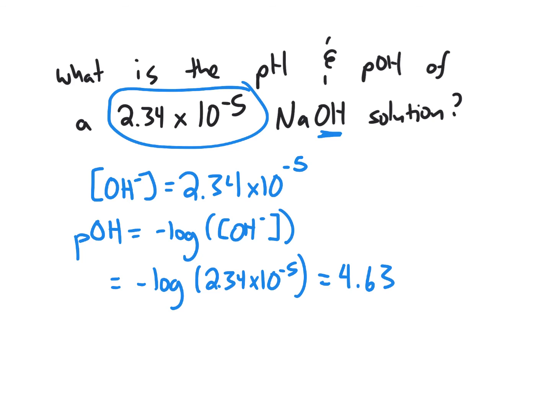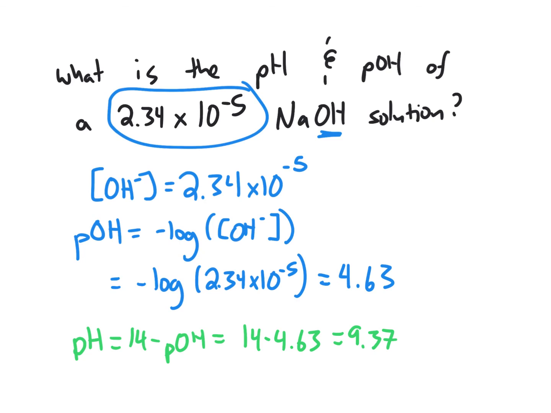And so next step, this is pOH. I want to find pH. pH equals 14 minus pOH. So it equals 14 minus 4.63. So I get 9.37.